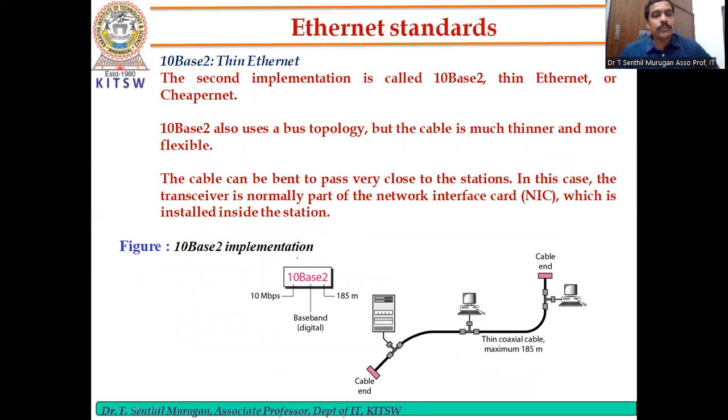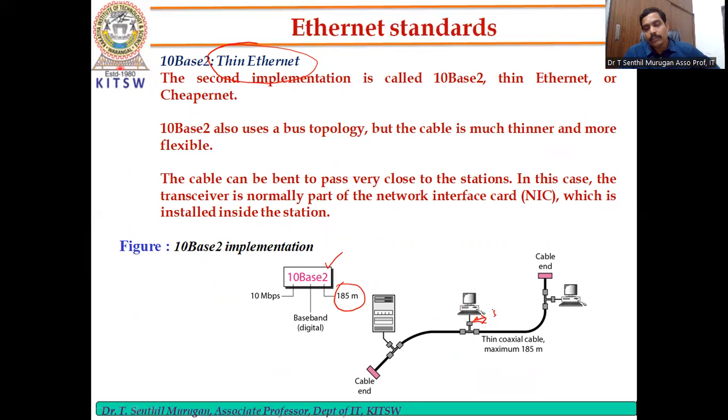So this is base 2. 2 means 200, but normally it means 185 meters. This is the thin Ethernet cable. Thin Ethernet is flexible to bend and is not damaged. It will connect very close to the stations. Wherever the stations are, it will connect immediately.